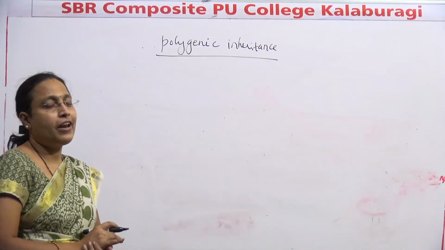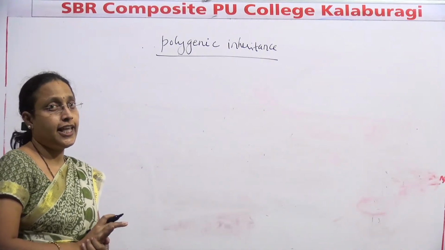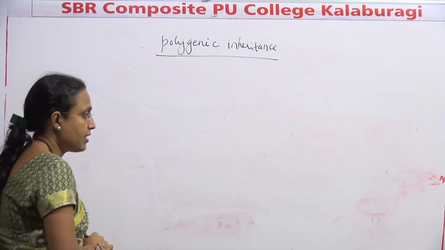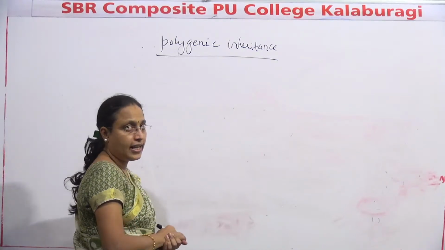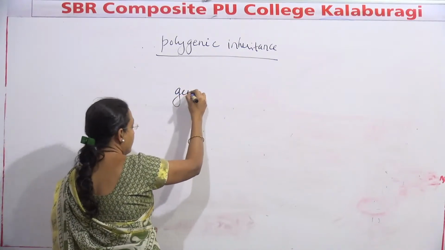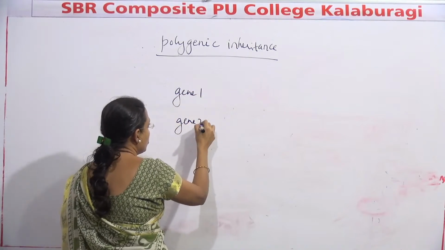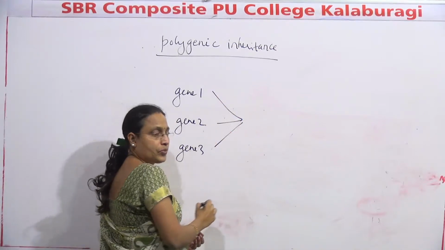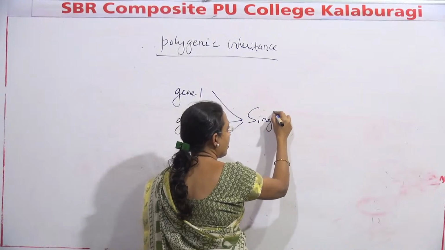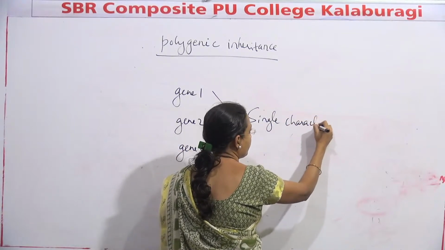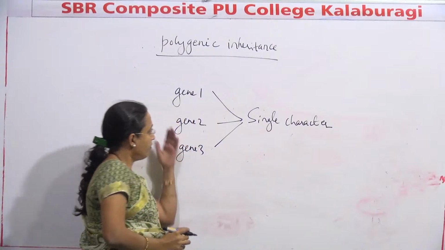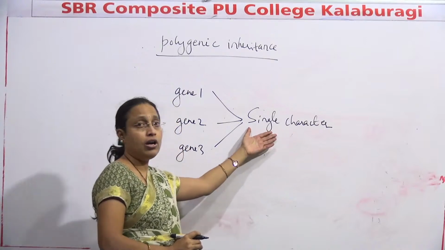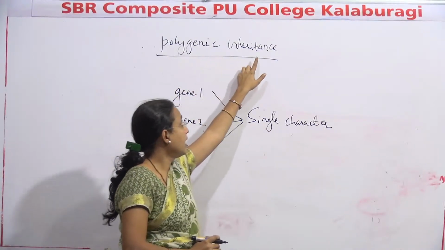If many genes encode for the same single character, then that group of genes is called polygenes, and the inheritance is called polygenic inheritance. Now consider there is gene 1, gene 2 and gene 3, these genes together will express a single character. When many genes express a single character, then it is called polygenic inheritance.